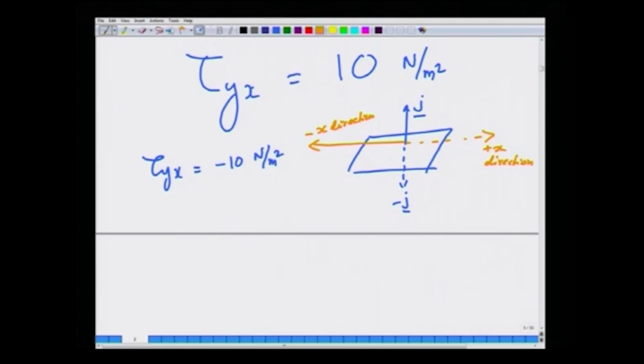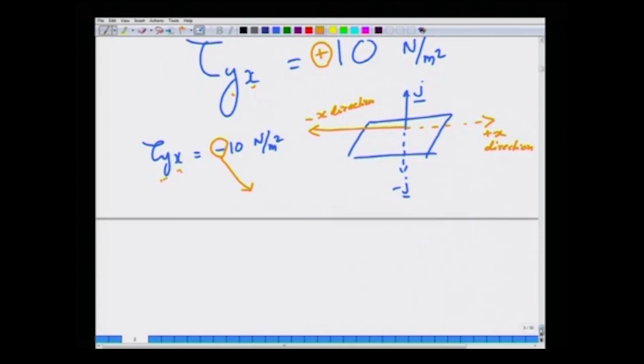So, if the stress value is negative, then the direction of the force and the direction of the unit normal are opposite to each other. If the stress value is positive, then the direction of force and the direction of unit normal are along the same direction. They both could be positive, or both could be negative. Here, if one is negative, the other is positive, and vice versa. Okay. So, that is the sign convention for the stress tensor.